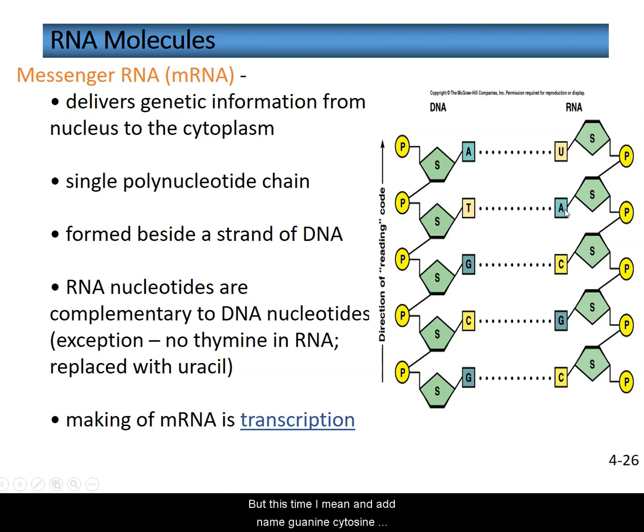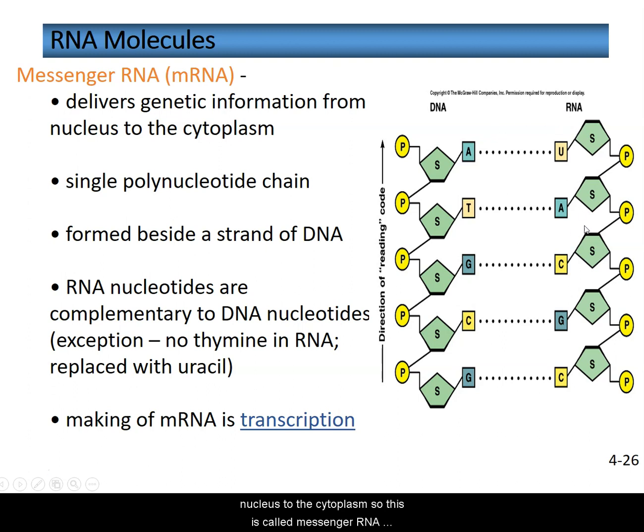With this thymine and adenine, guanine, cytosine, cytosine to guanine, guanine to cytosine. It delivers the genetic information from the nucleus to the cytoplasm. So this is called messenger RNA.